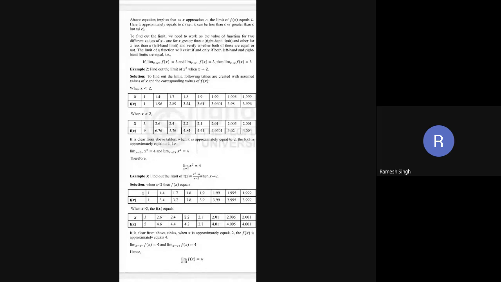If it is negative, it is called the left hand limit, and if it is positive, it is called the right hand limit. So limit x tends to 2 minus of x square equals 4 if you put the value 2. Then limit x tends to 2 plus of x square is also equal to 4. That means whatever x tends to, we put that value.